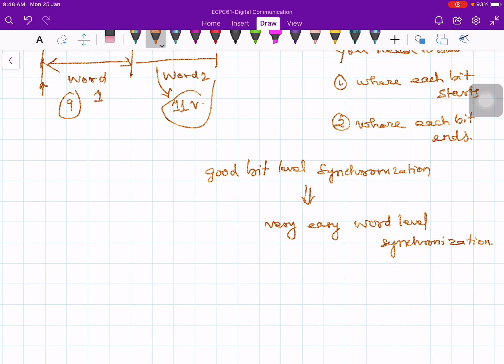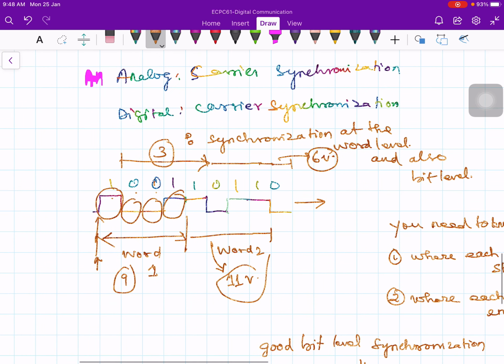But you may still need to know precisely where the boundaries are, at what point this word starts and at what point it ends. For that, one has to do additional things which are slightly irrelevant to the basic job of communicating information, but anyway we need to do that.